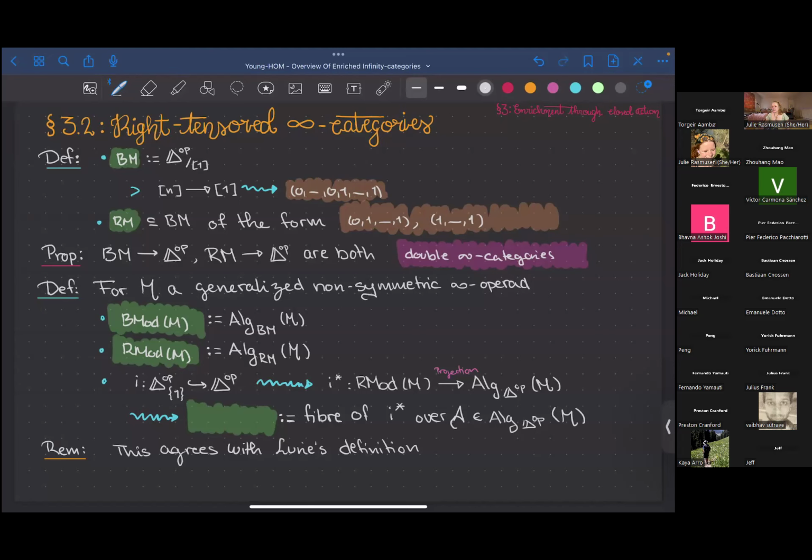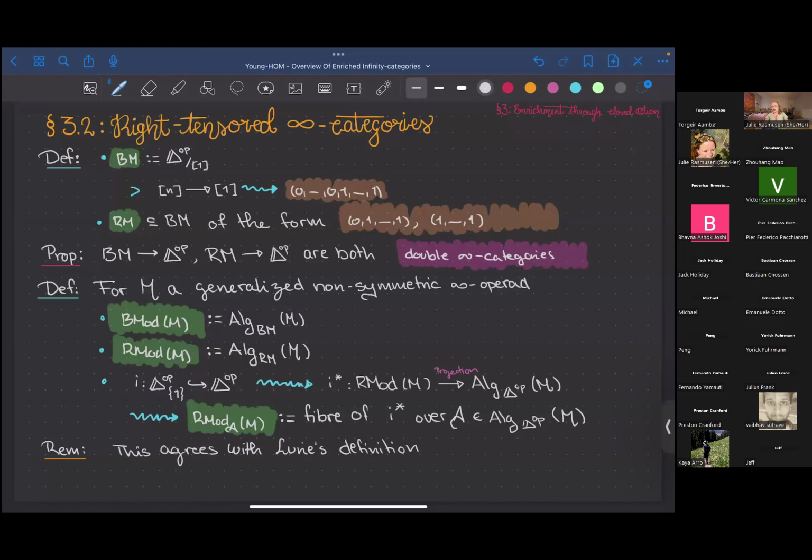And if we consider the inclusion of Δ^op and then the one-object set with 1 into Δ^op, then by composing with this, we get a projection from the right modules on M down to the algebras from Δ^op to M, and we can take the fiber of this map at some algebra A, and we obtain the right A-modules on M.